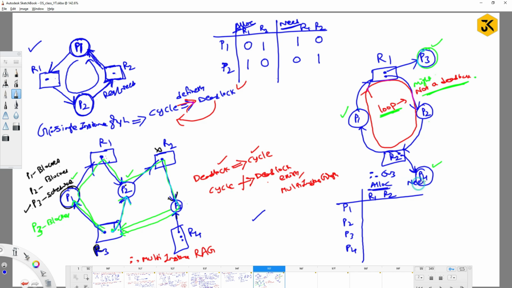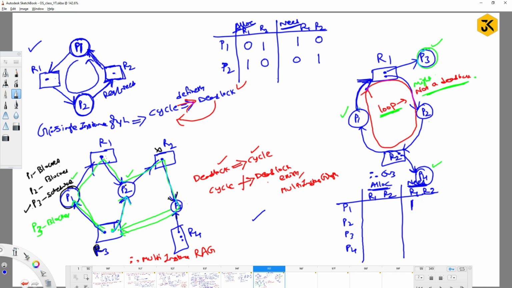Later I will define it for requested or needed of R1 and R2, which is very simple. By looking at the diagram we can draw. Is P1 allocated with R1? No, not allocated with R1. It is just simply requesting it. Requesting it means at R1 I am making it 1.